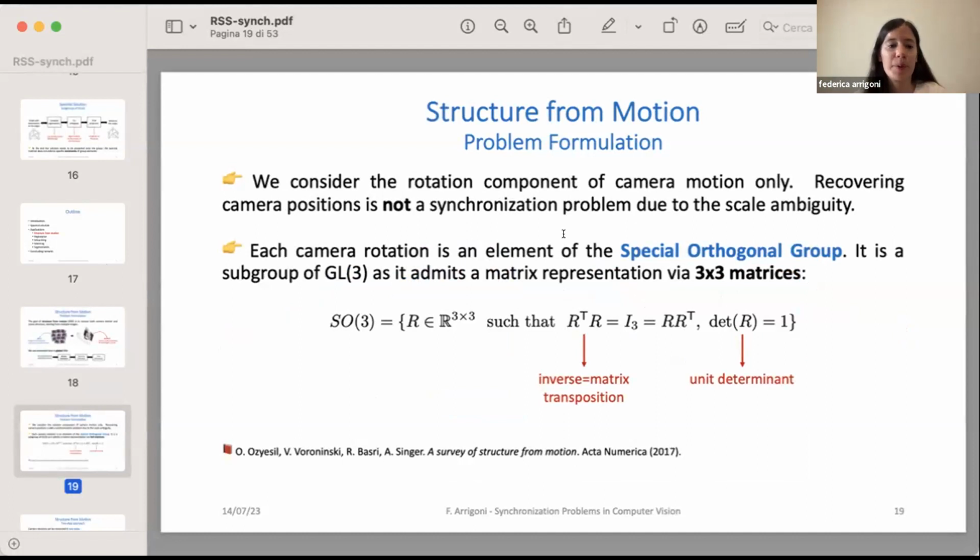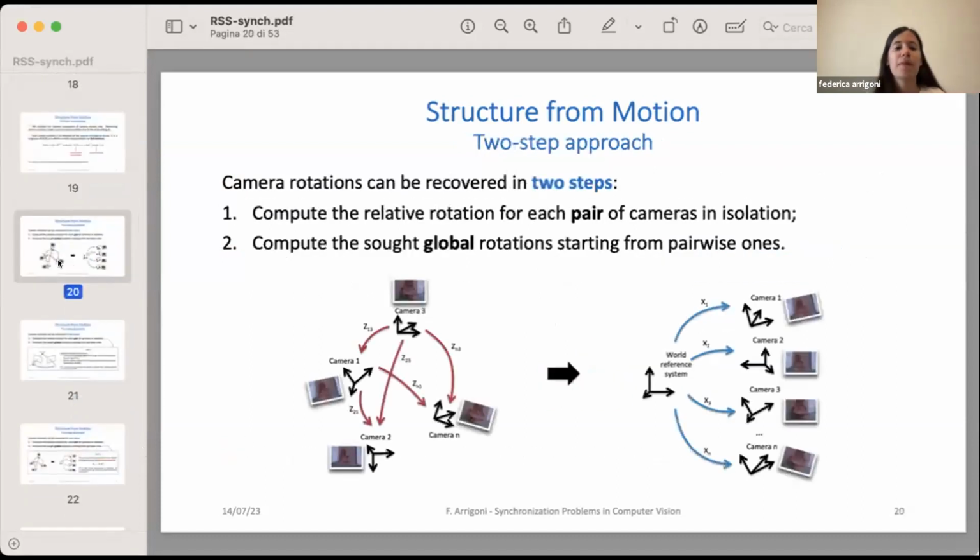In this specific problem, we can view camera rotations as elements of the special orthogonal group, which is the set of 3 times 3 matrices such that they are orthogonal, hence the inverse is equal to matrix transposition, and they also have unit determinant. We can recover camera rotations in two steps.